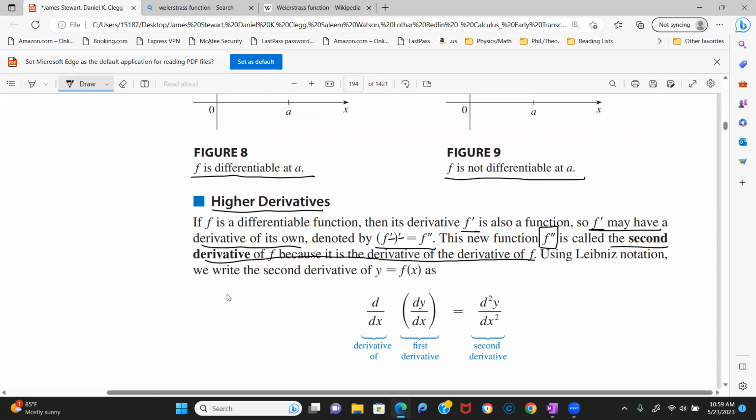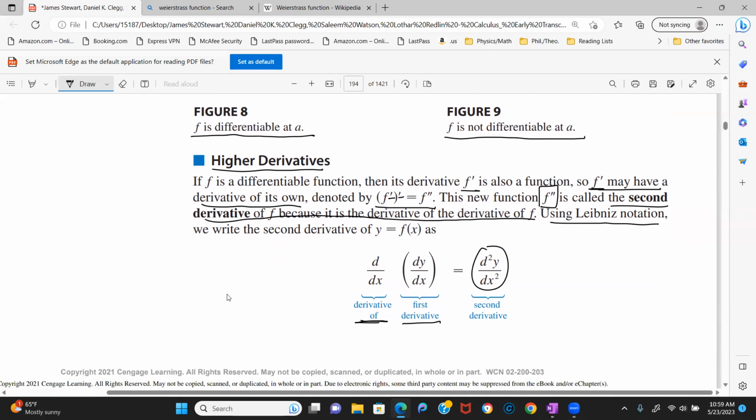That's one particular notation, but using the Leibniz notation, you take the first derivative and then take another derivative, and this is the notation we use right here: d squared y over dx squared. It's just notation. These are not exponents in the usual sense.